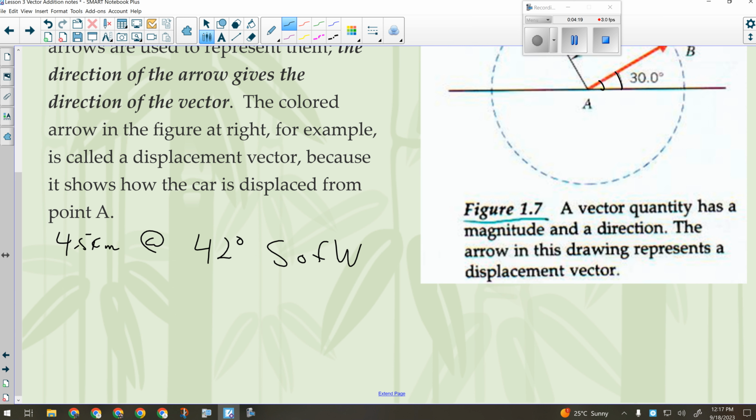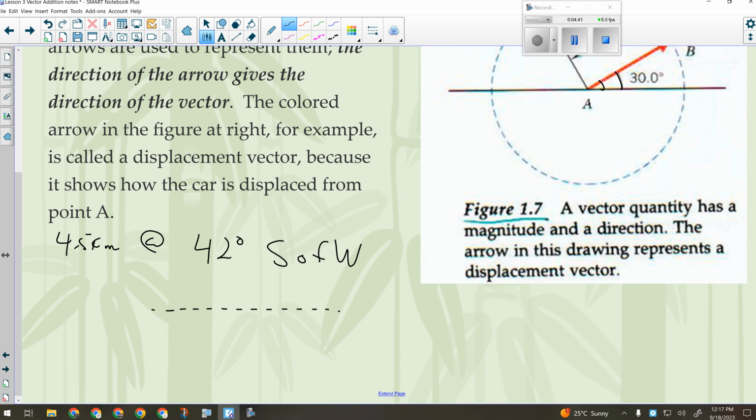What direction is it measured from? West. So what I do when I want to draw this vector is I draw a dotted line due west to act as my reference. And then I go 42 degrees south of that.